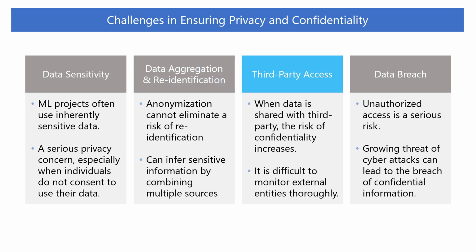Third-party access is another issue. When data is shared with third-party vendors, partners, or service providers, the risk of a breach of confidentiality increases. It is essential to require these parties to protect confidentiality and privacy, but it is difficult to monitor external entities thoroughly.